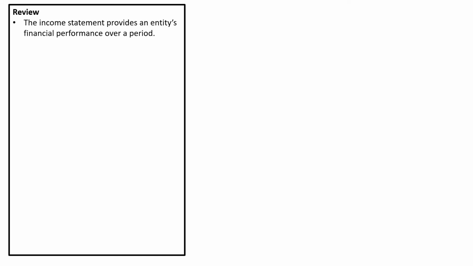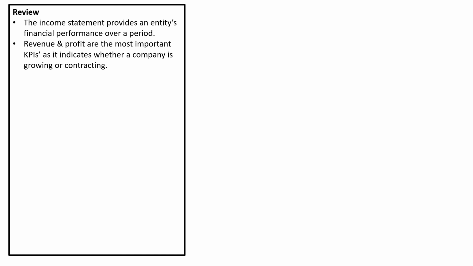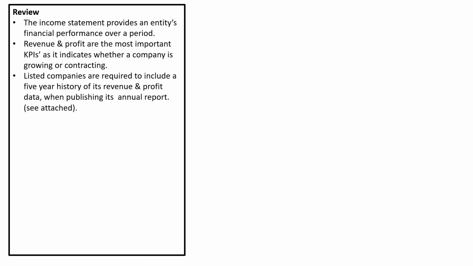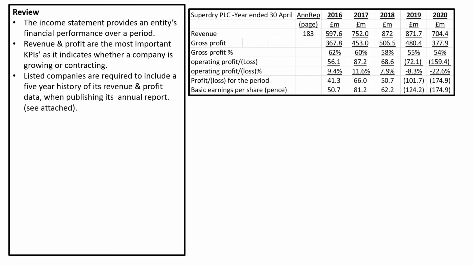The income statement provides an entity's financial performance over a period. Revenue and profit are the most important KPIs, as they indicate whether a company is growing or contracting. Listed companies are all required to include a 5-year history of their revenue and profit data when publishing their annual report.